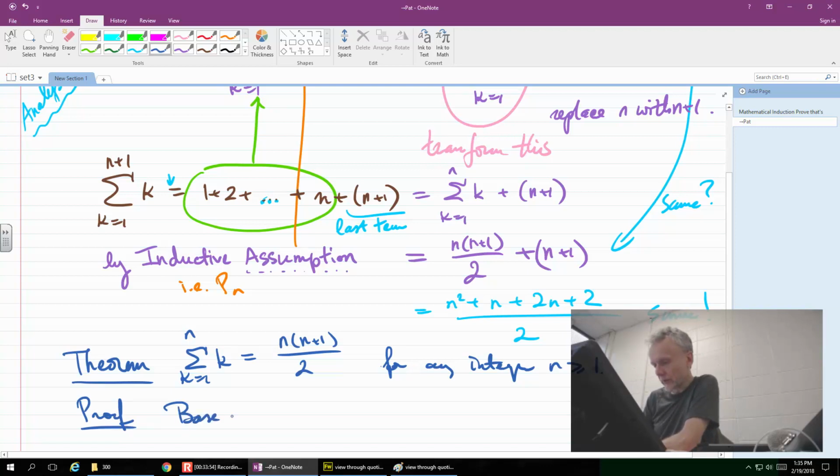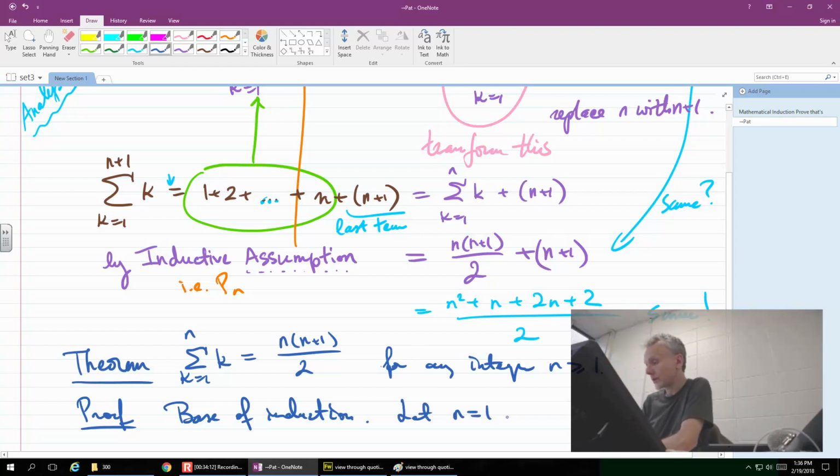So this is called the base of induction. The sequence of statements has to start somewhere, so we start with the base, say n equals 1. There are two steps, and this is the simplest one. So let n equal 1.